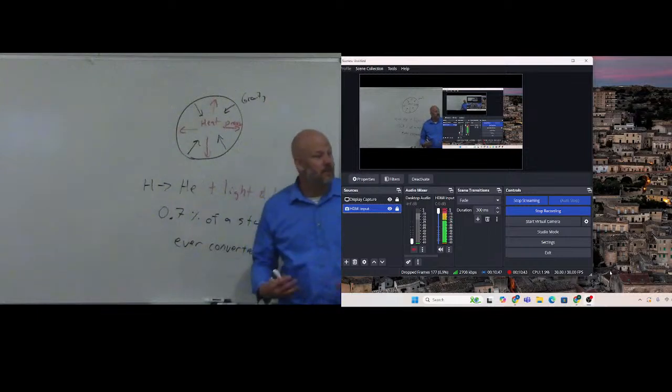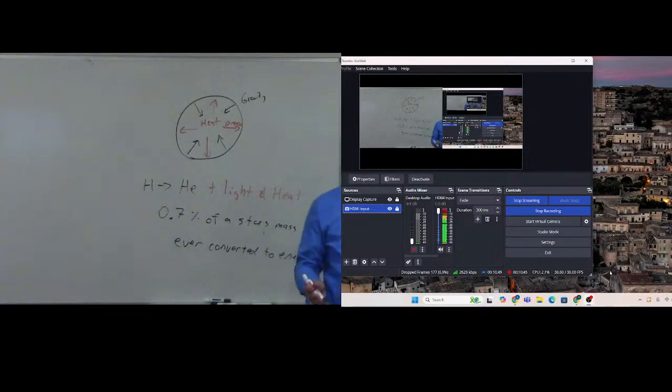To fuse helium into anything else requires a ton of energy. It's got to be extraordinary. So again, as we talk about them burning through fuel or using up hydrogen, it doesn't mean that it's just gone. It's just been converted into a form that's not as easy to use.